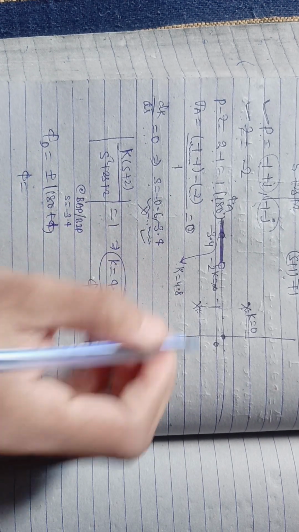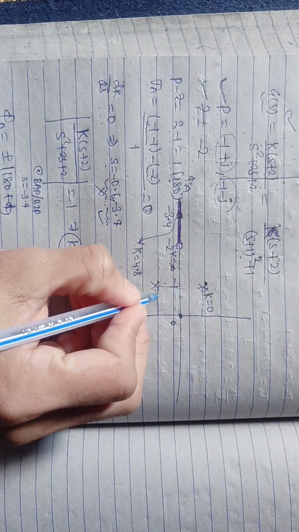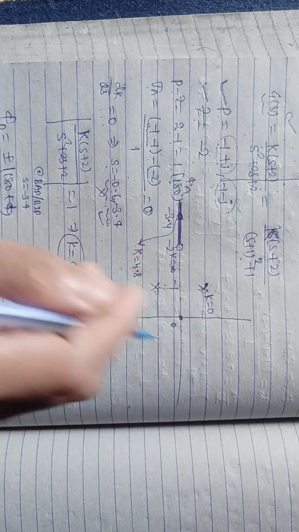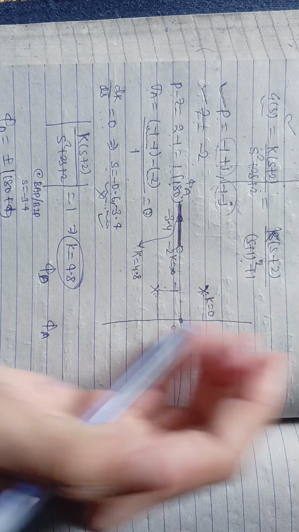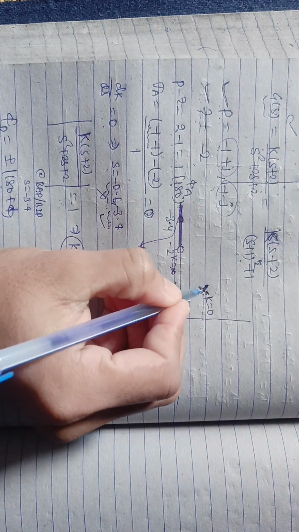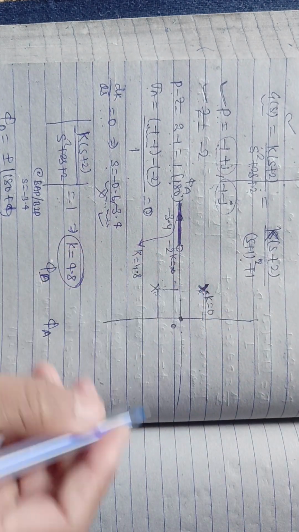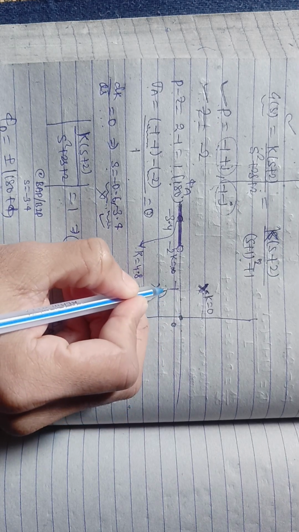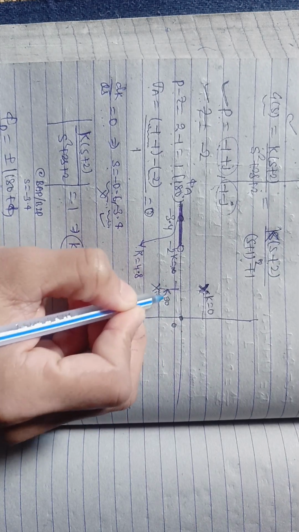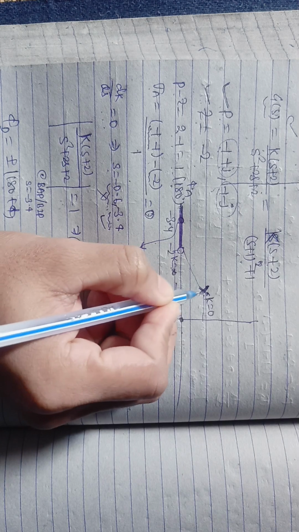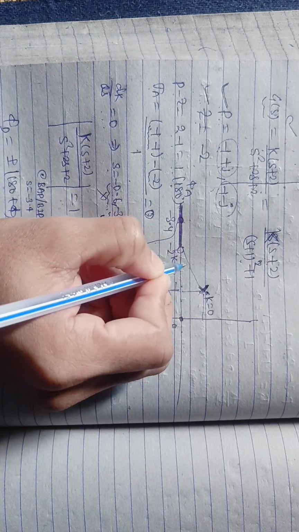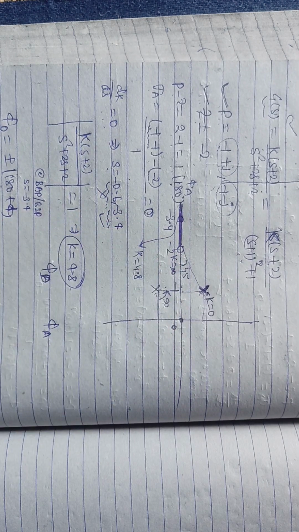So for phi, just look here. Just take a reference above the pole. Okay, take the reference which lies uppermost. So here the angle is coming 90 degree, and here the angle is 1 and 1, so the angle is 45 degree. Okay.